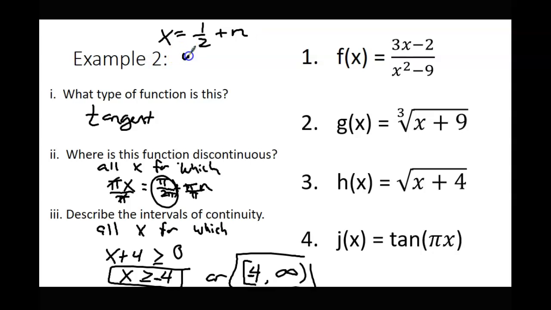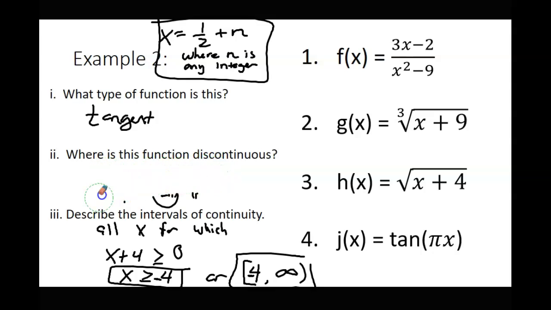And what does n represent, you guys? Any integer. And remember, an integer is any, like 1, 2, 3, 4, 5, 6, or the negative versions of that. So let me try to bring this down to earth a little bit for you guys, because this is a lot of math language here, and I'm not too sure if we're all getting it.